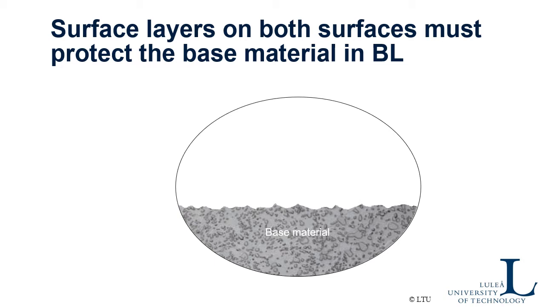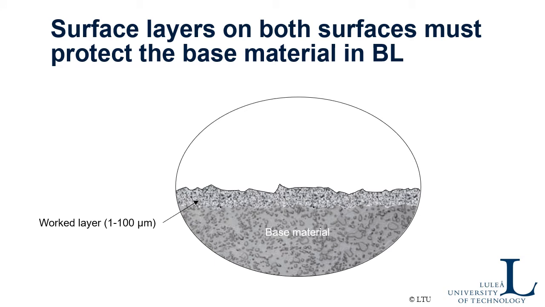Coming back to surfaces here, I want you to remember again what is formed on the surfaces. Starting with the base material, which is undamaged base material. On top of that you have some layer which could be a worked layer, where from the tribological contact, the microstructure has been changed due to the high pressures and high stresses occurring when another surface comes in contact with this surface.